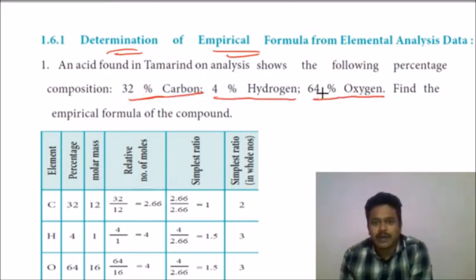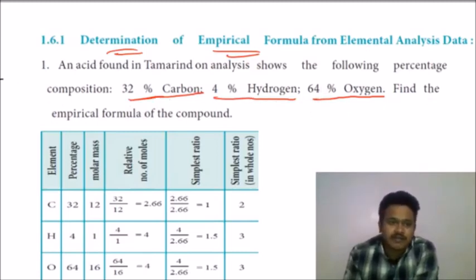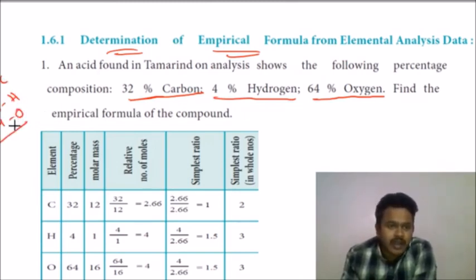Whether the sum of all the given percentages is 100 or not. 32 carbon, 4% hydrogen, 64 oxygen. Three elements are there. Combined, it comes to 100. So okay, the elements carbon, hydrogen, oxygen with percentages 32, 4, 64, whatever they are giving, I am writing in the form of a table.